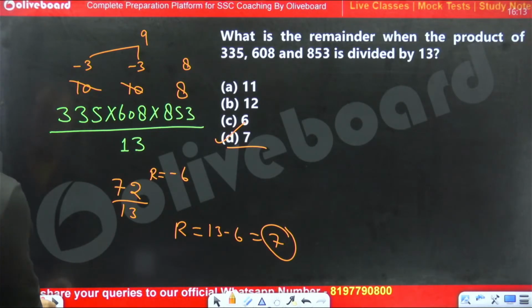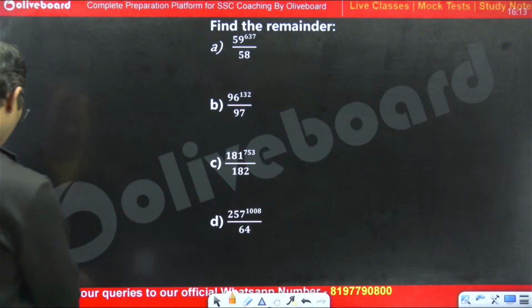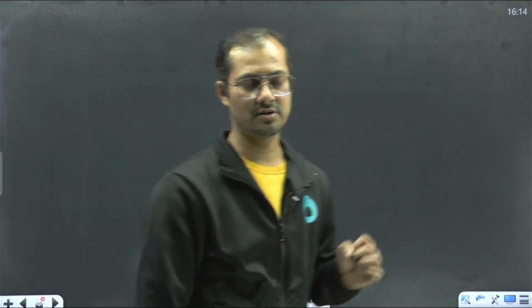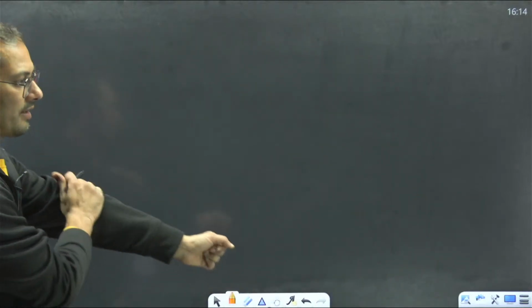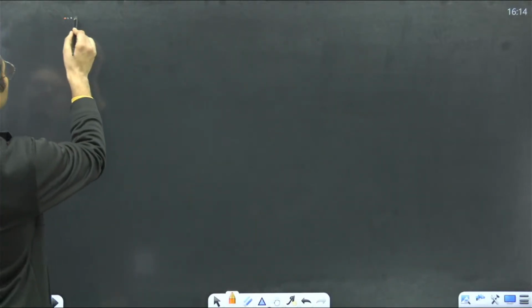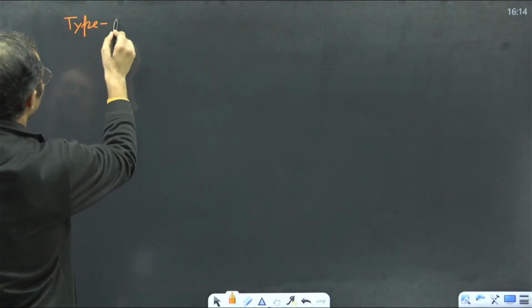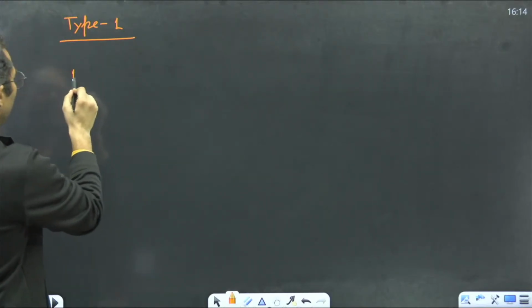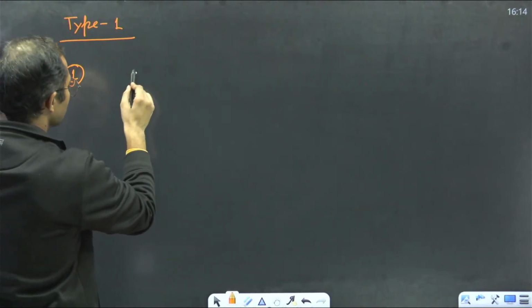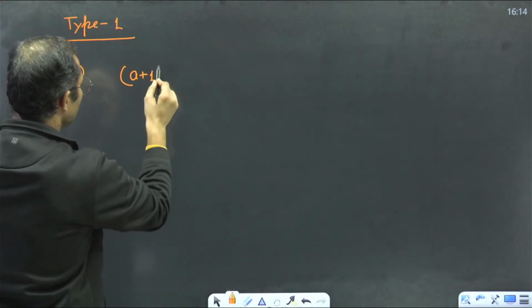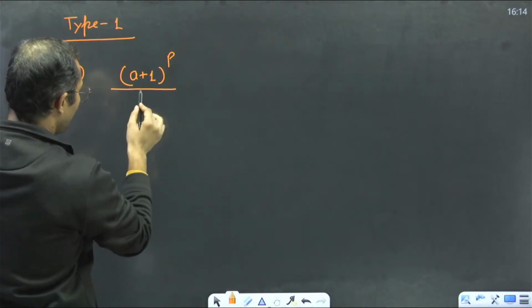Okay, I hope this is very clear. So let's move to the next type of remainder, when the number is given in the form of powers. There are certain types. The first type: the number is written as a plus 1 to the power p, divided by a.